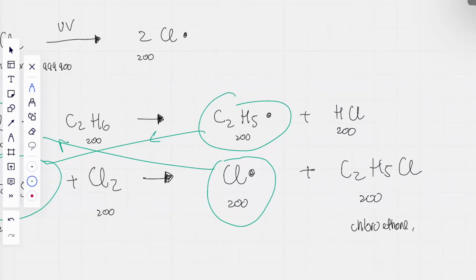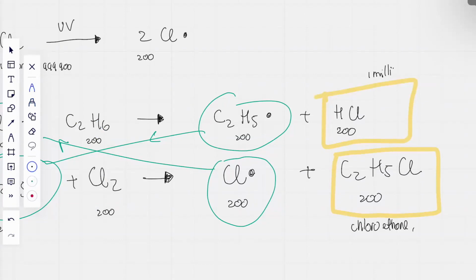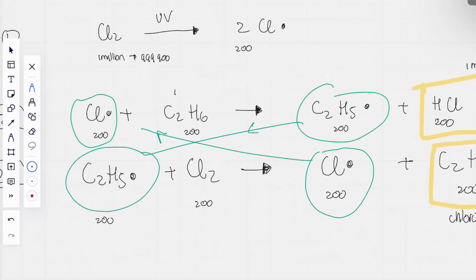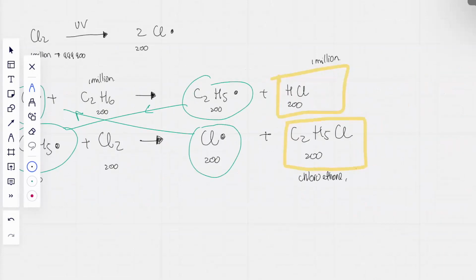This is the product, almost 1 million chloroethane and almost 1 million HCl, because initially this is 1 million. But it's happening 200 at a time in this example, because you produce the radical.